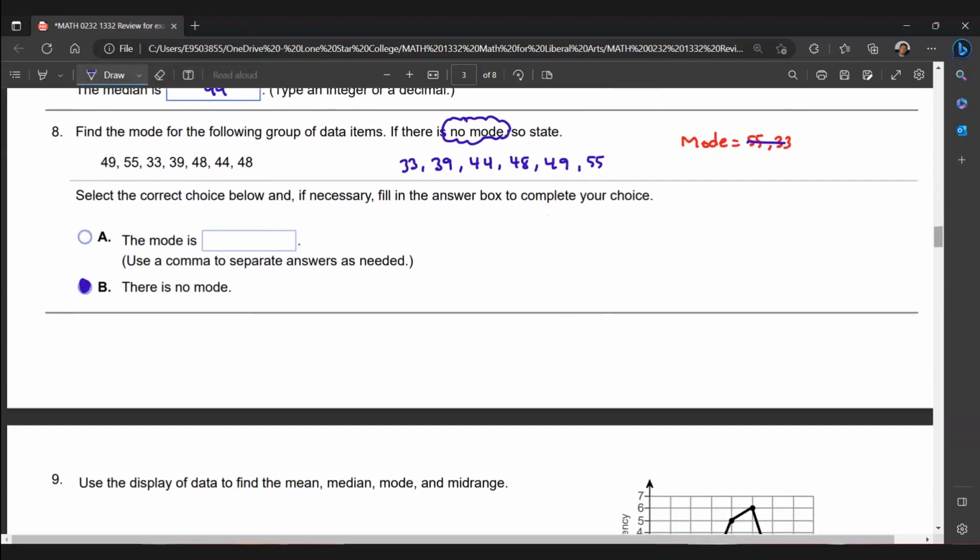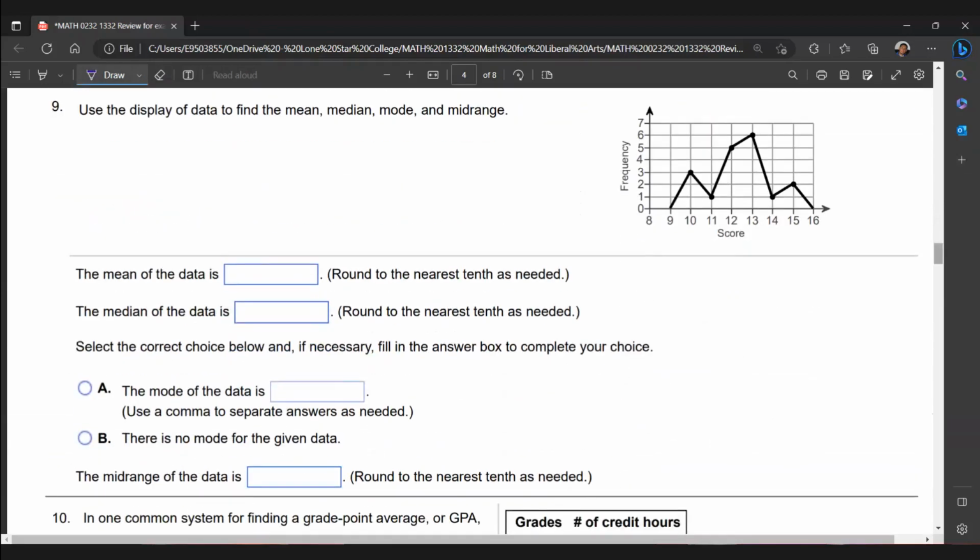Alrighty then, moving on to number 9. Use the display of data to find the mean, median, mode, and mid-range. Okay, let's do this. So they're telling us that, in this particular case, this dot right here, this would be the score, this would be the frequency, that the score of 10 shows up 3 times.